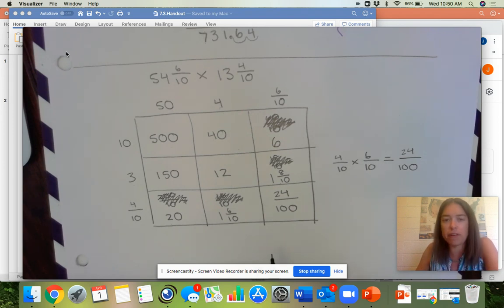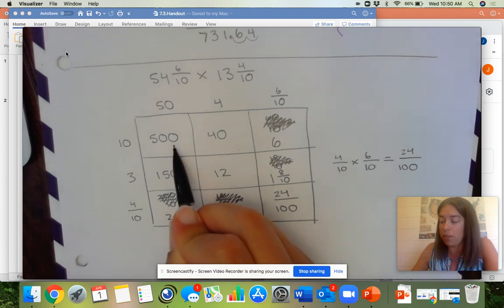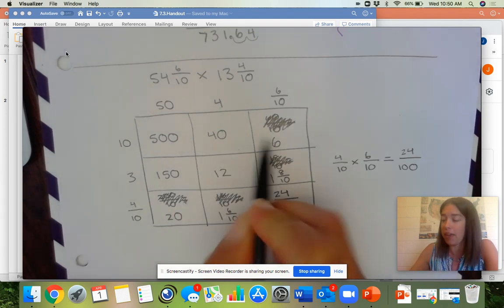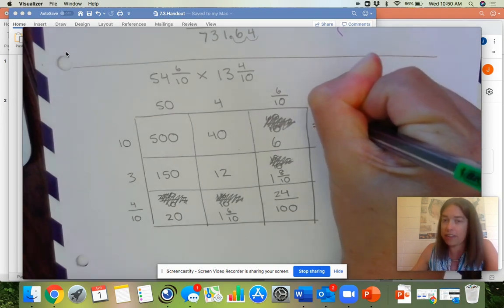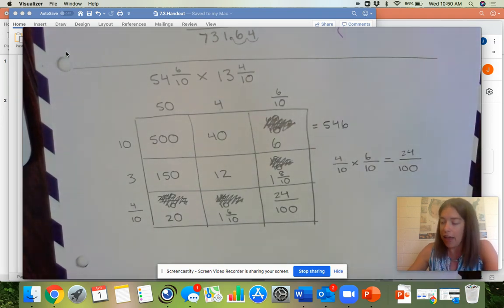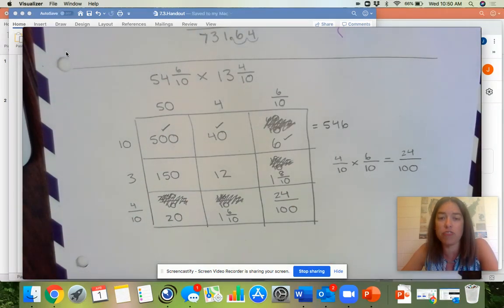I'm going to do a little bit of mental math and then write down the parts that are a little bit more tricky. When I look across this row right here, 500 plus 40 plus 6, I can quickly add that in my head. That equals 546. I'm going to give myself a check by each number that I already added so I don't lose track.